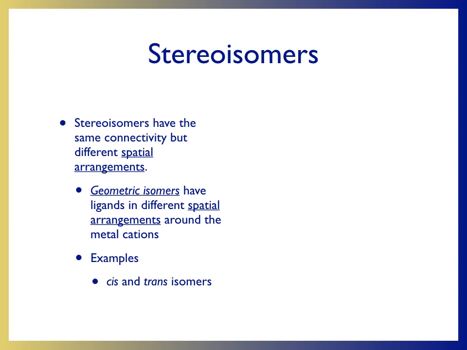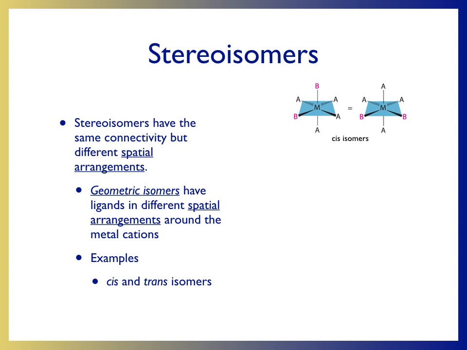Cis and trans isomers occur in octahedral complexes, usually when you have 4 of one type of ligand and 2 of another type of ligand. The 2 of the same type of ligand occupy different positions around the coordination sphere of the metal cation.